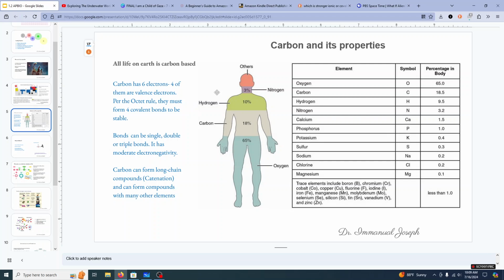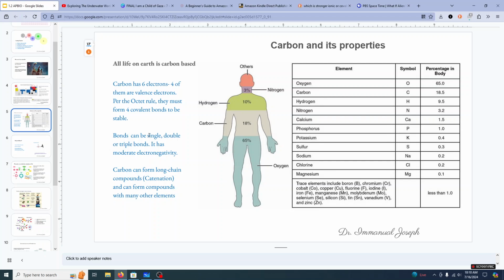Carbon has 6 electrons, and 4 of those electrons are valence electrons. As we saw in the previous chapter, per the octet rule, it needs to have 4 more electrons in the valence shell to satisfy the octet rule. And this can be done by sharing electrons with itself or with other elements.